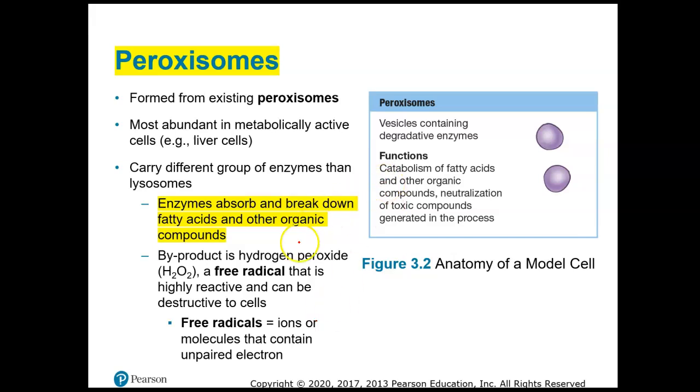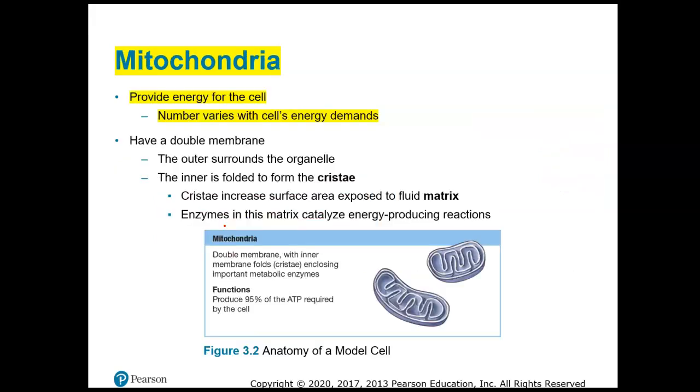Peroxisomes also break down, but they contain enzymes that break down substances, but mostly it's fatty acids. They're more involved in breaking down fatty acids, and the reason they're called peroxisomes is because they have a byproduct that is toxic. It is hydrogen peroxide. So inside of the peroxisome, we also have to have an enzyme that will break that hydrogen peroxide down into water and oxygen, and that way it won't be toxic to us.